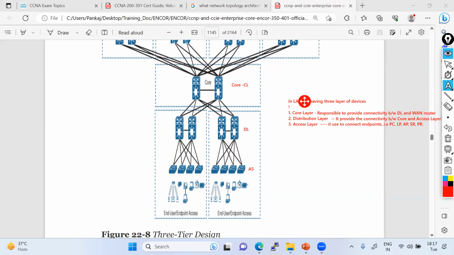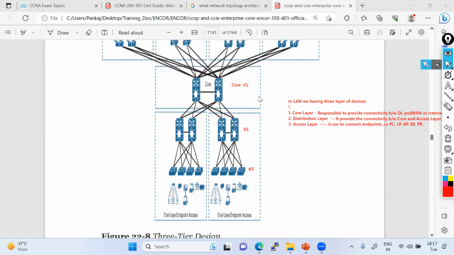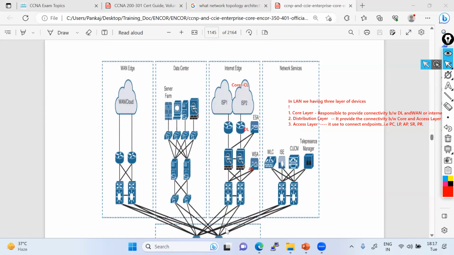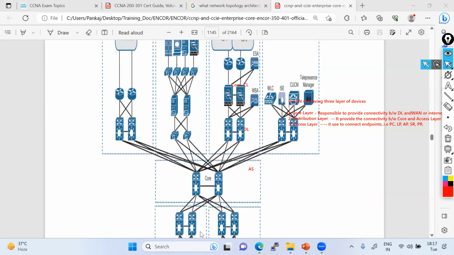That's all. WAN or internet, anything you can mention. So this core layer is responsible to provide the connectivity. See this, if you want to go on the internet, you go via the core layer. The core layer is responsible to make this connection happen.